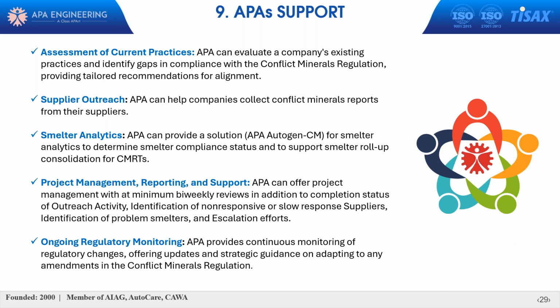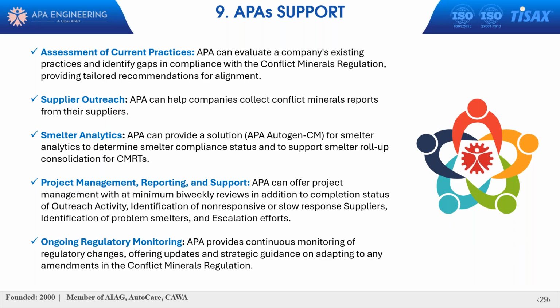Smelter analytics. With tools like APA Autogen CM, we help identify compliant smelters and consolidate smelter data for CMRTs, EMRT and AMRT as well. Regulatory updates. Stay ahead with our monitoring services that provide timely updates on changing regulations.